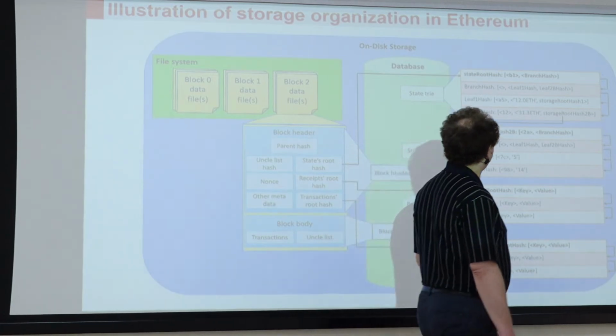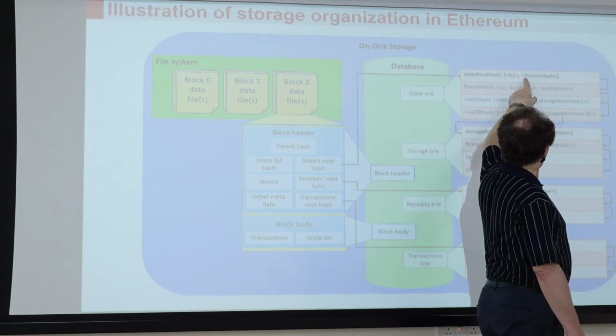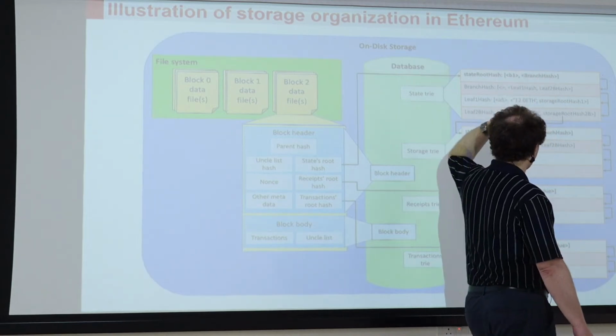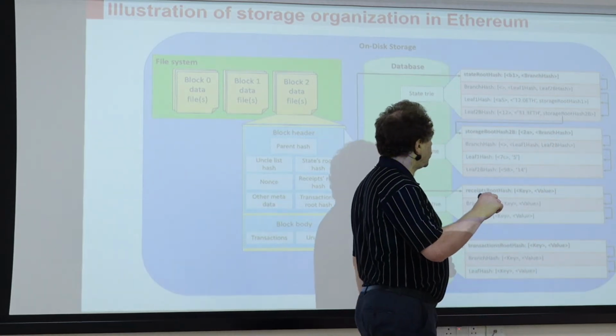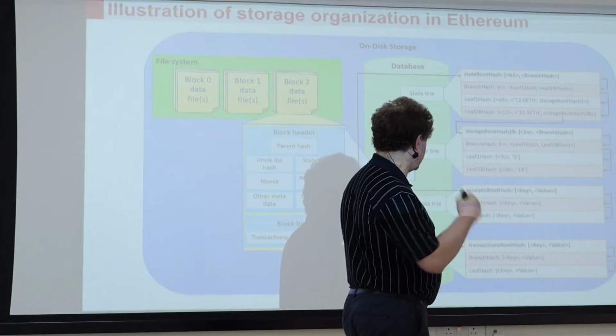And then that record in the database would point to a branch hash, right? So like the hash of one of the branches. So this is how we find the right branch. And then from the branch, we go to the leaf, right?